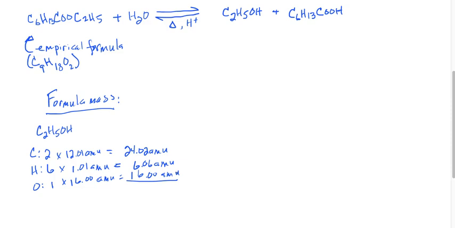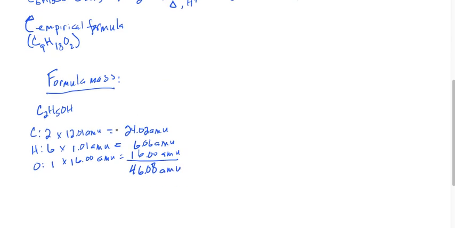So let's say 24.02 plus 6.06 plus 16. You should get 46.08 AMU. So there's the molar mass for the ethanol, right?